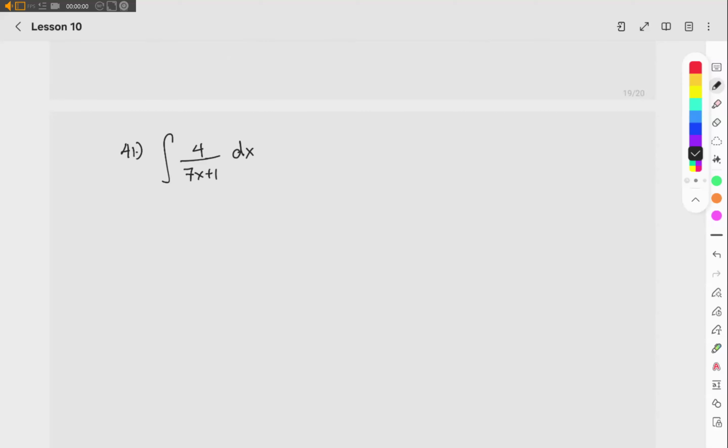What can we use for u? Yes, u is equal to 7x plus 1. So du over dx is simply equal to 7. So therefore your dx is simply equal to du over 7.